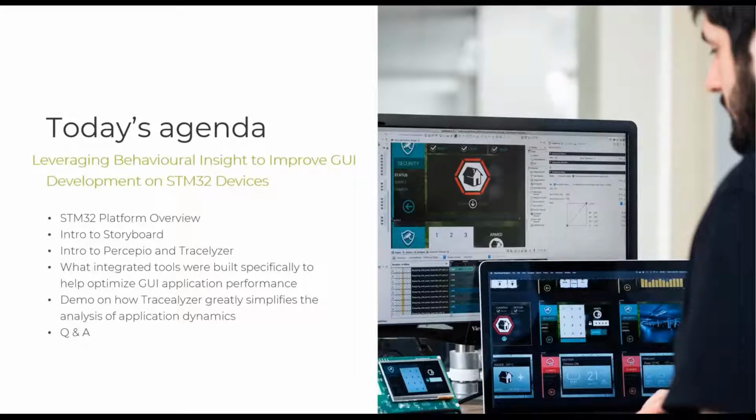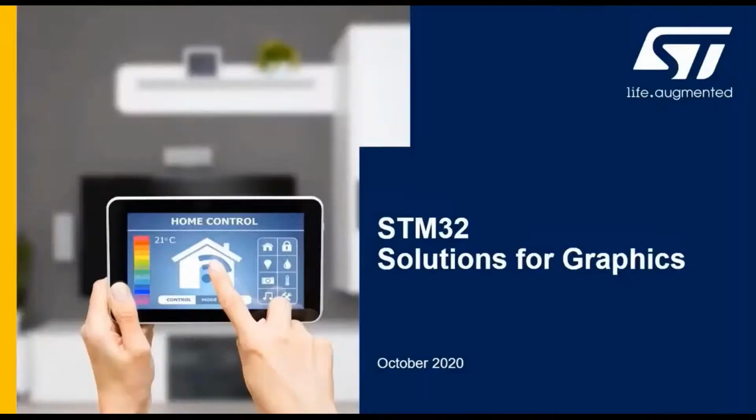And then we'll really dive into the demo portion, showing you how using the embedded tools found within Storyboard and then cross-porting them over to Tracealyzer greatly simplifies the analysis of determining what's going on potentially with your GUI application to make sure that that user experience is exceptional. And then, of course, we'll jump into some live Q&A. So with that being said, I'm going to pass things over to Mike, who will start us off.